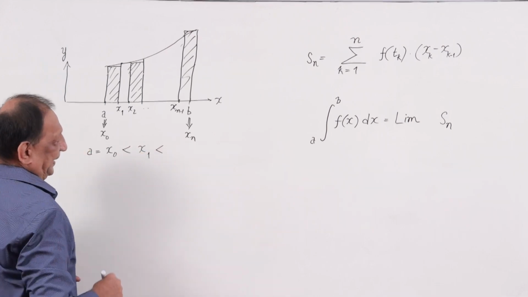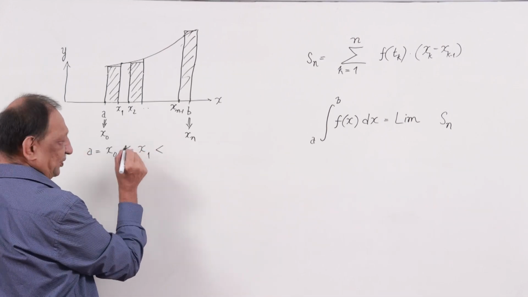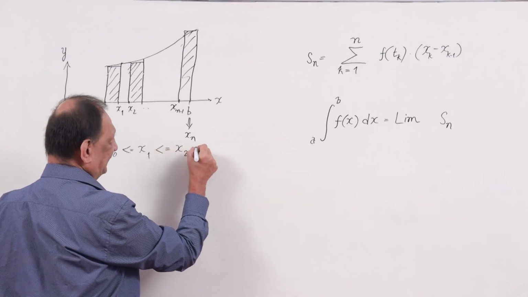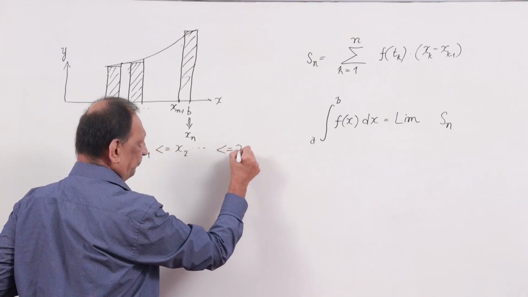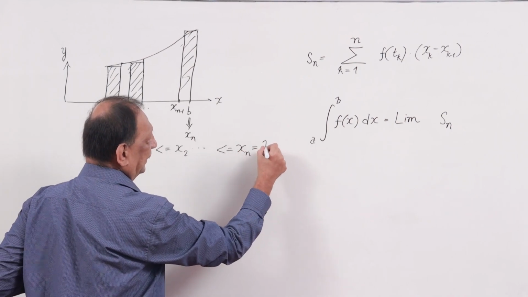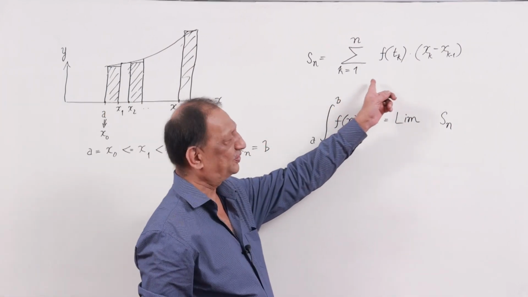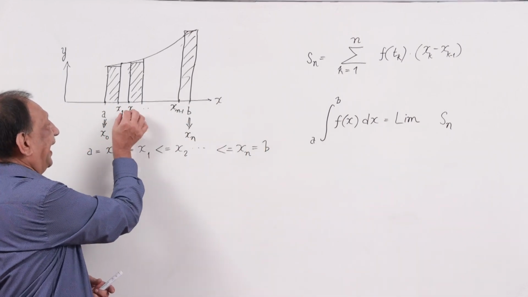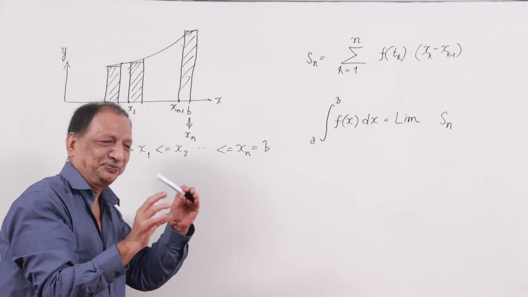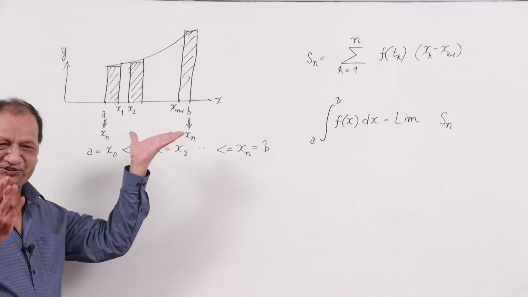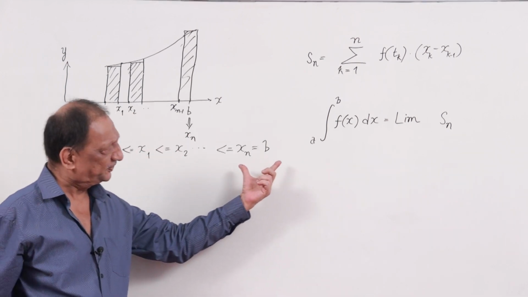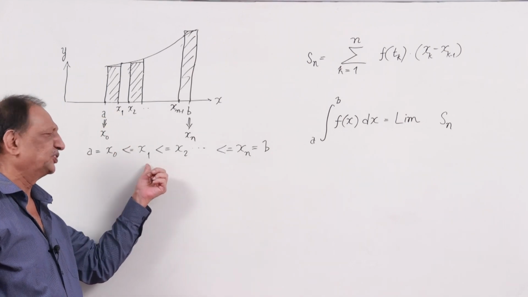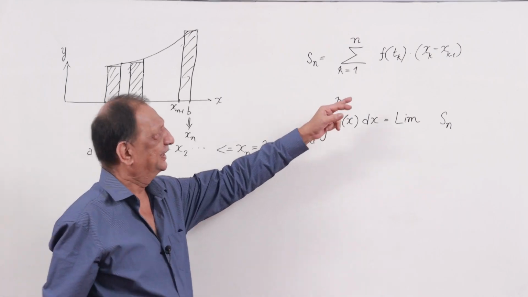I added that equal to also, which I removed in the center, but you should retain that equals because in the event when the mesh goes to 0, n goes to infinity, that difference goes to 0, really speaking. So, less than or equal to is fine. So this relationship is there. So it's a positive quantity. Any value of x minus the previous value of x will be positive.